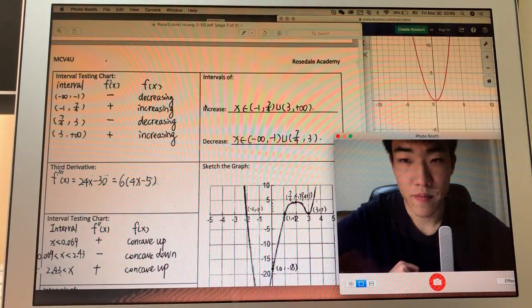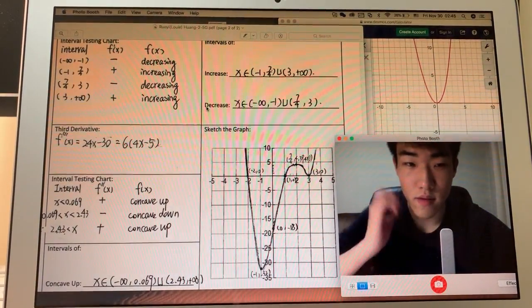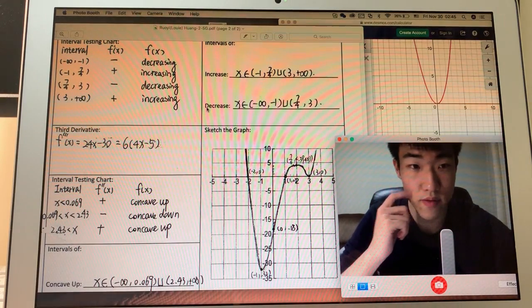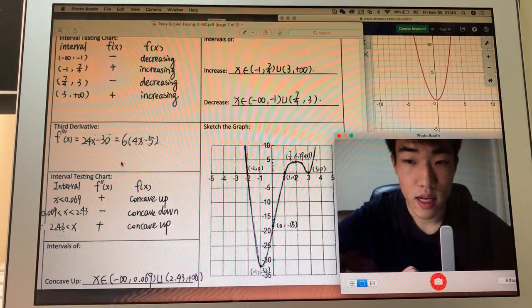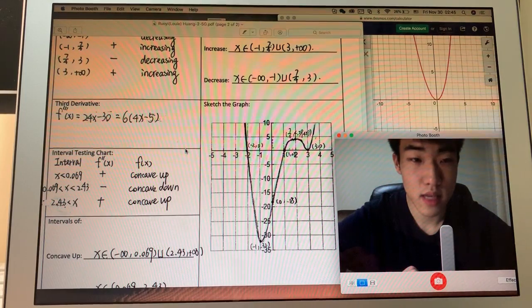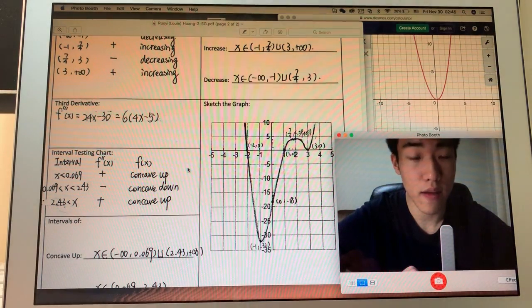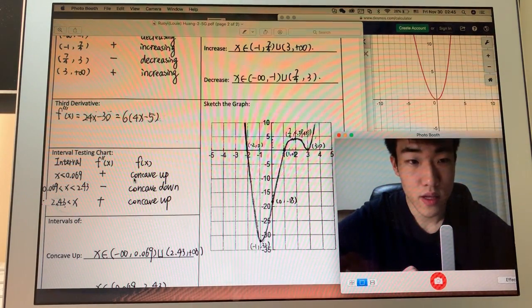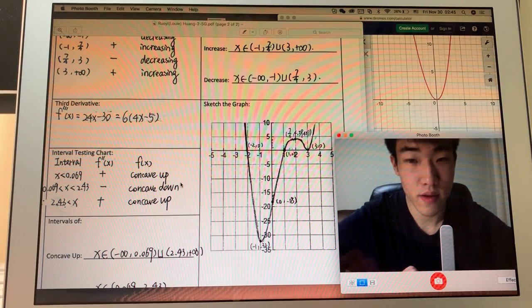And then it's interval testing for the second derivative. The second derivative is for testing or trying to figure out the concavity of this function. So it's still based on whether it's positive or negative, in terms of the second derivative.